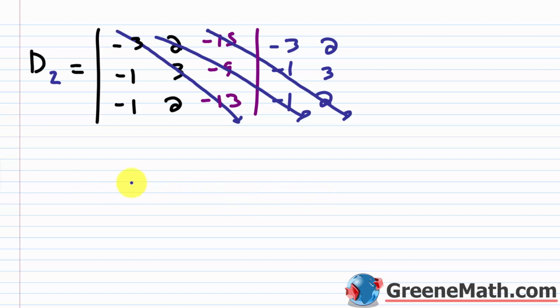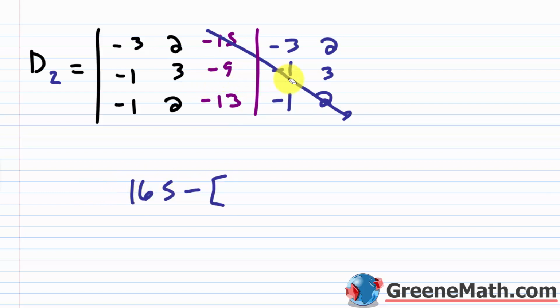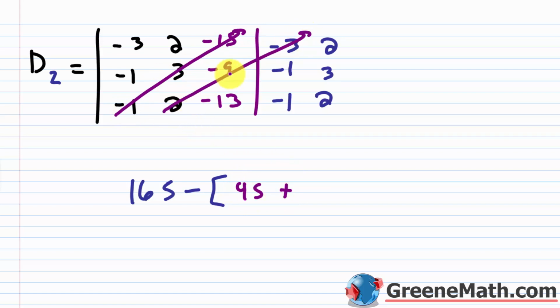So the first part is 165, then minus, let me erase these because they just get in our way. Let me go up now. Negative 1 times 3 is negative 3, times negative 15 is positive 45. Then plus, if I go up here, 2 times negative 9 is negative 18, then times negative 3 is positive 54. And then plus, negative 13 times negative 1 is 13, then times 2 is 26.